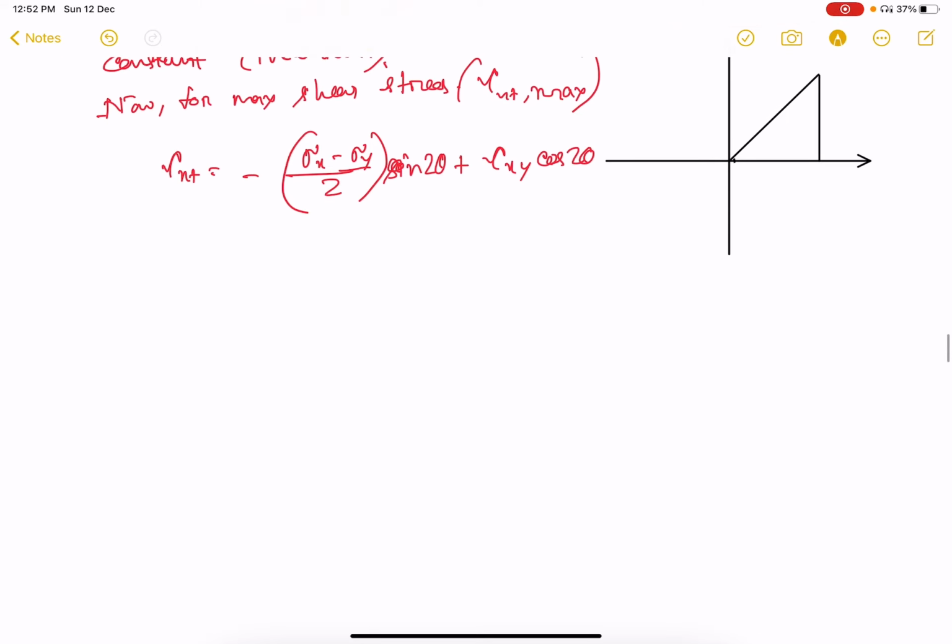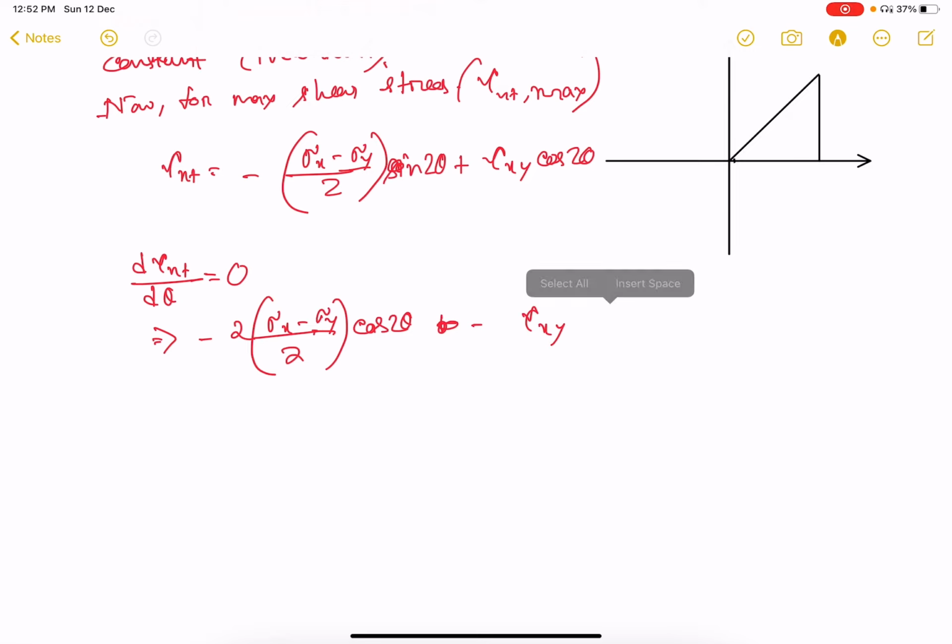Now differentiating with respect to theta and equating to 0, we get minus (sigma x minus sigma y) divided by 2 times 2 cos 2θ, because the derivative of cos 2θ is minus 2 sine 2θ, so it gives minus tau xy sine 2θ, and this is equal to 0.